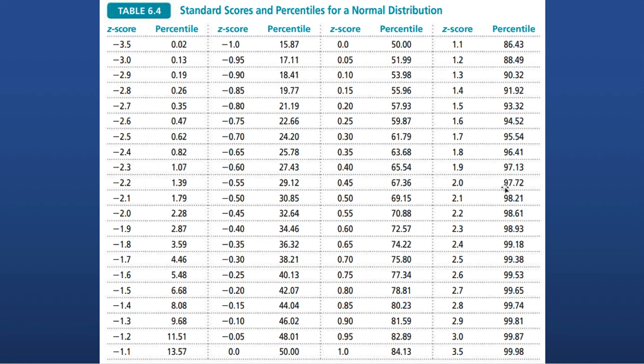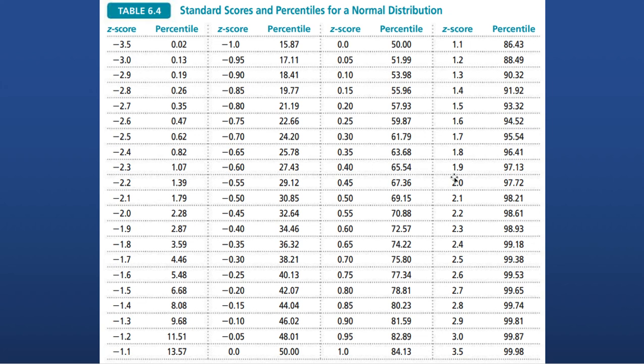If you want the percent above, what you have to do is subtract this number from 100. So the percent above a z-score of 2 is 100 minus 97.72, which would be 2.28. Okay, so 2.28% of the data is above a z-score of 2.